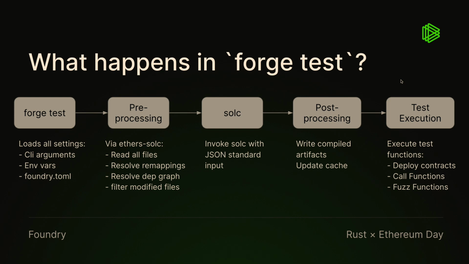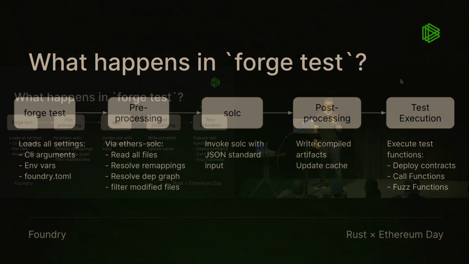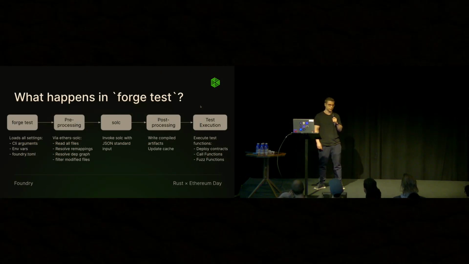And finally, we then apply the test filter. So we filter out all the test contracts from the solc output and call all the test functions via the Rust EVM that we use for running those tests.